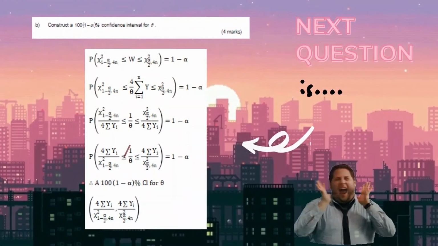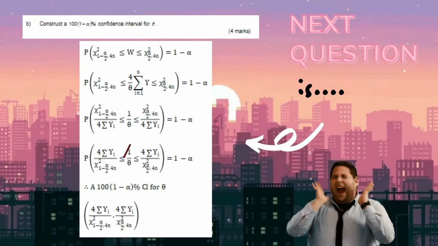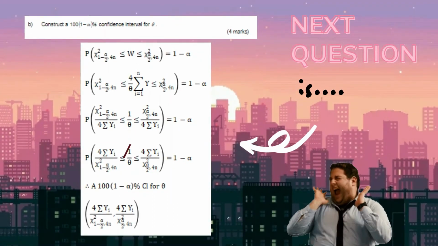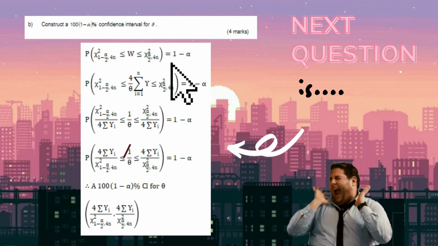As for question B, the question asks to construct a confidence interval for theta. So for this question, the first step is we have to construct the equation like this, which is P of W is between chi-square 1 minus alpha over 2, and our degrees of freedom is 4n, and the other side is chi-square alpha over 2, and our degrees of freedom equals 4n, and it equals 1 minus alpha.